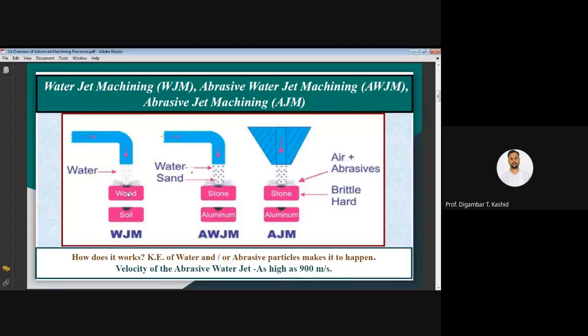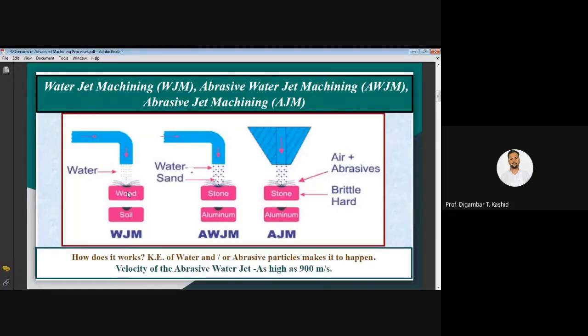Now here our question arises: how is that water able to cut that wood? This is a general question. I repeat, the question that arises is how water is able to cut that wooden block.